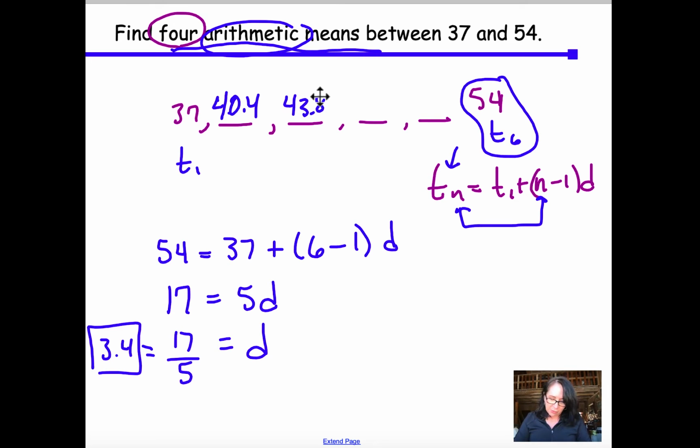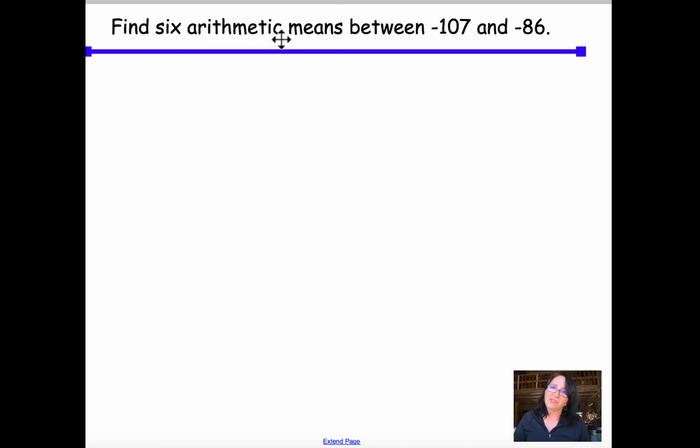Add another 3.4, and I'm at 47.2. Add another 3.4, and I'm at 50.6. And just to verify that I have the right answer, I'm going to add one more 3.4 to verify that I'm at 54. Check.